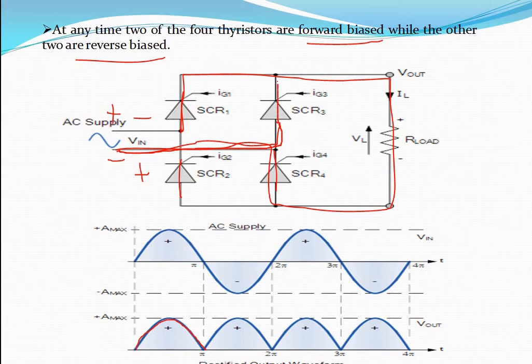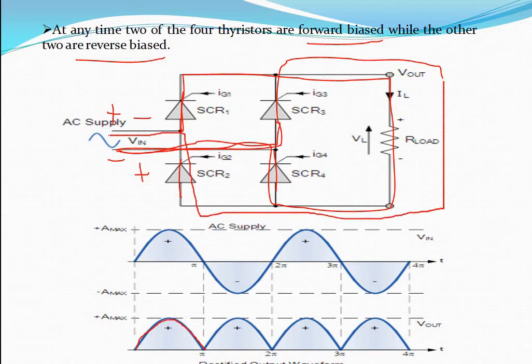This is the way of conducting, plus to minus. If you observe the direction of current through the load, both are in the same direction.